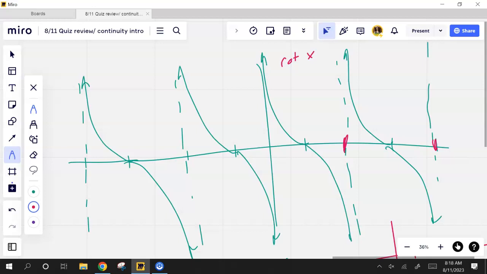Pi is 3.1415. Every one of these dash marks is half a pi.